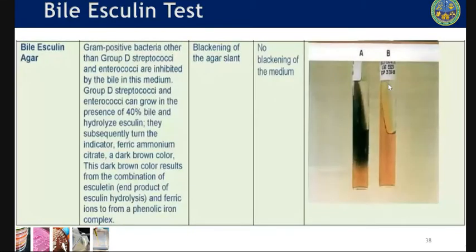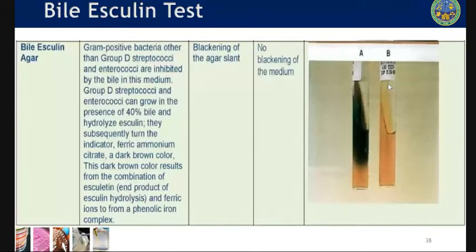And then another one, this is not actually, if I remember it correctly, routinely part of discussions under the family of bacteria, Enterobacteriaceae, but we have incorporated this one as one of the biochemical tests for our diagnostic purposes.